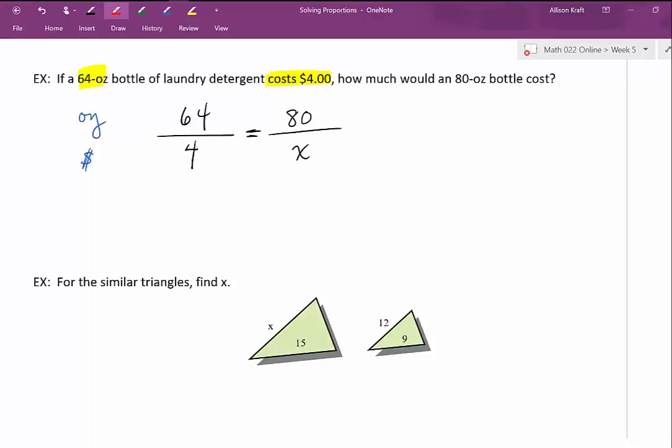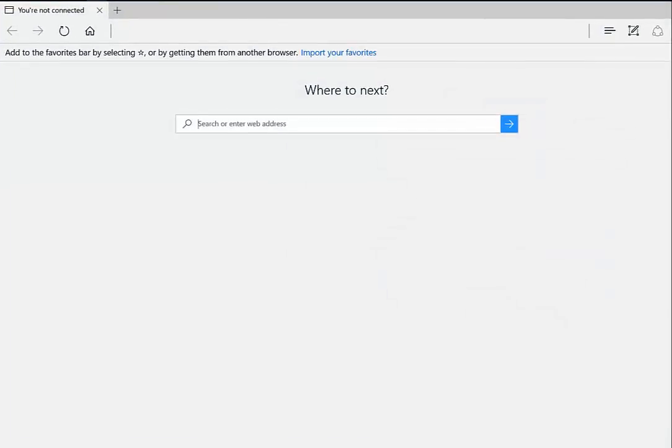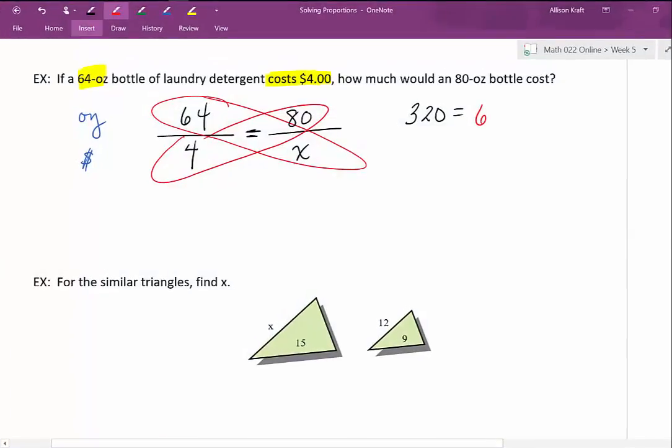And now we want to cross multiply to solve. 4 times 80, 320. 64 times x is 64x.